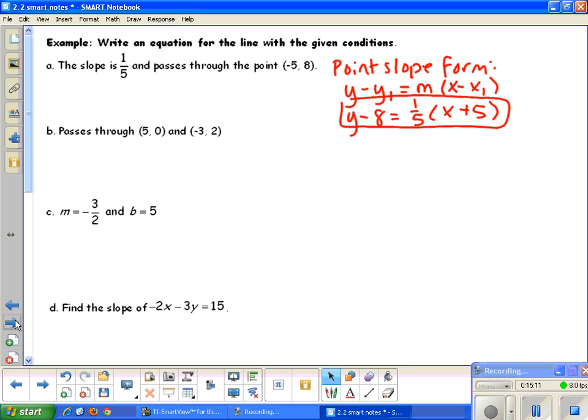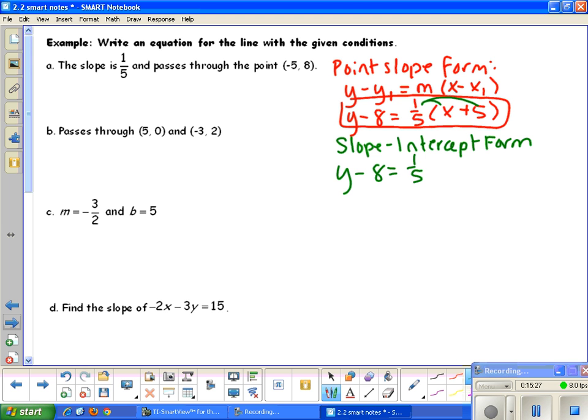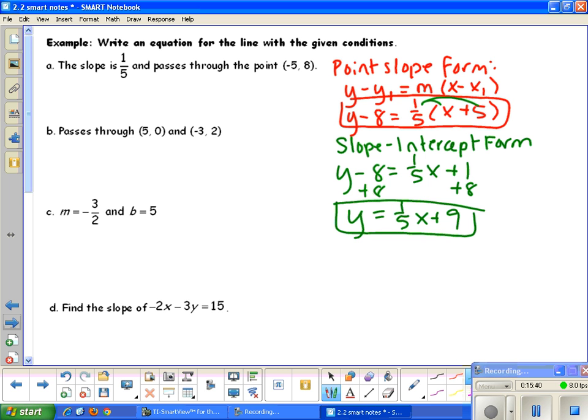If I wanted to put this into slope intercept form, I would have to solve for y, so I would distribute the 1/5, so I get y minus 8 equals 1/5 times x, and then 1/5 times 5 would just be 1, and then add the 8, and y would be equal to 1/5 x plus 9, so this would be slope-intercept form.